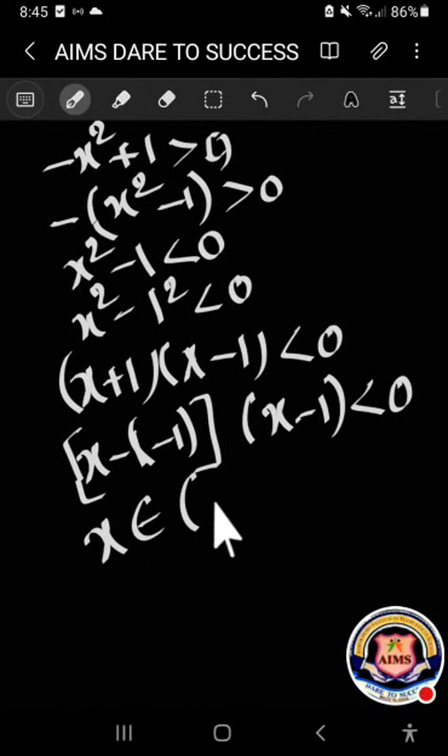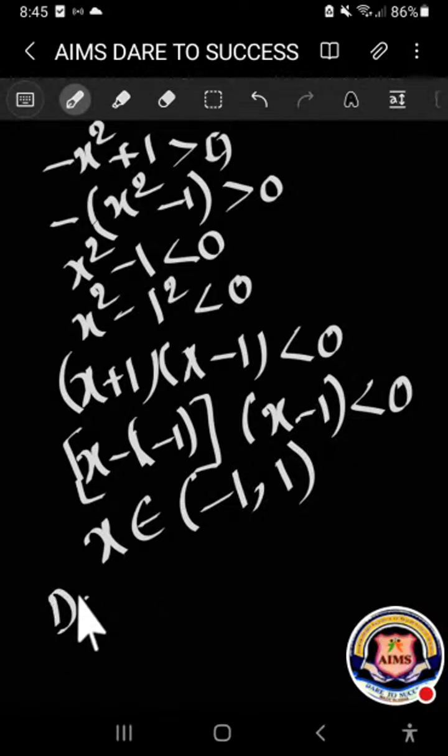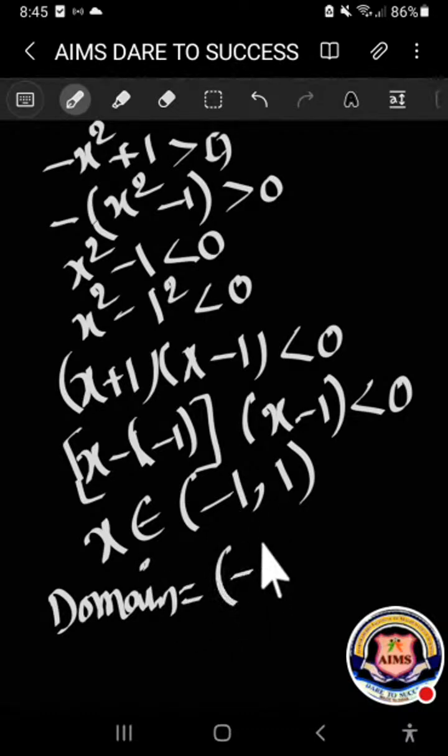Why? Because less than 0 means minus 1 is the small number and 1 is the big number. So next we can write domain is equal to minus 1 comma 1. Okay, I hope you understand, my dear students.